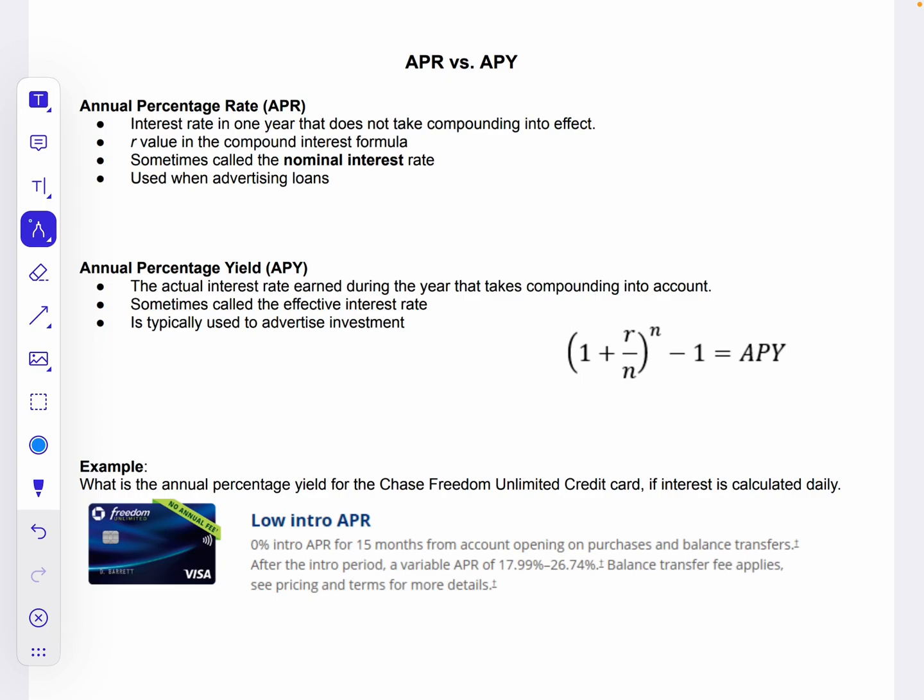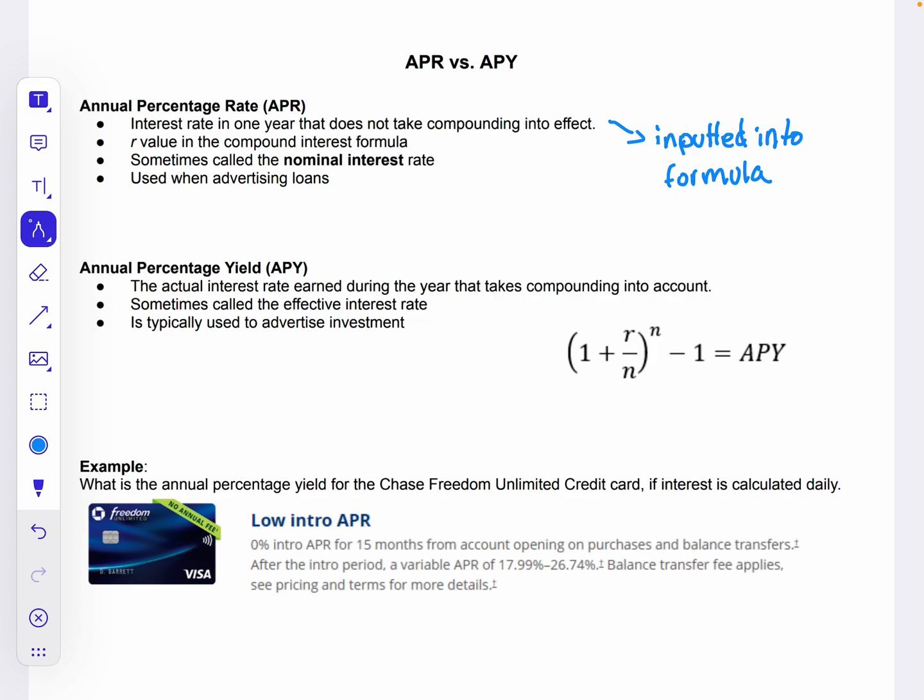And so an annual percentage rate is the interest rate that doesn't take compounding into effect. So it tends to be the one that we are going to put into our compounding interest formula. So, this gets inputted into our math formulas. And then, based on that, we can calculate how much money we will earn. Sometimes you'll hear this called a nominal interest rate.